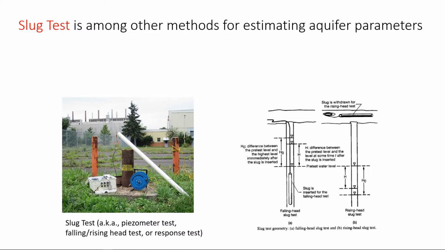You don't want to pump this contaminated water out, because you would have to treat it before you dispose of it. So in that case, a pumping test might also not be feasible, and a slug test might be more feasible to conduct.